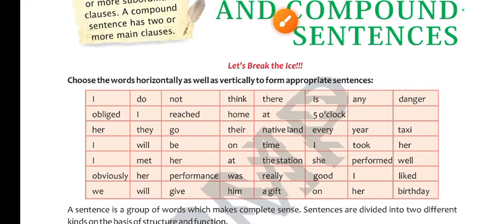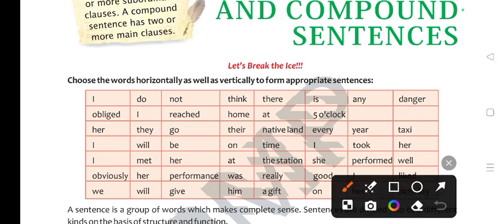Let's break the ice. Choose the words horizontally as well as vertically to form an appropriate sentence. Understood? So just try to make sentences either horizontally or vertically. You can make different kinds of sentences. For example, I obliged her.